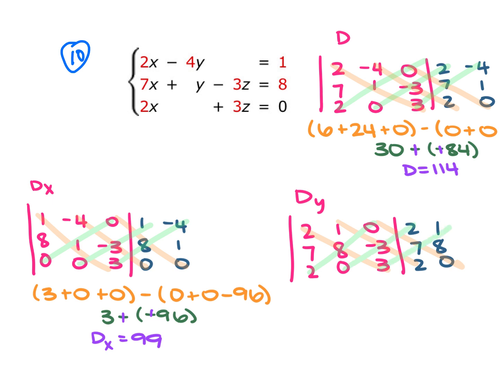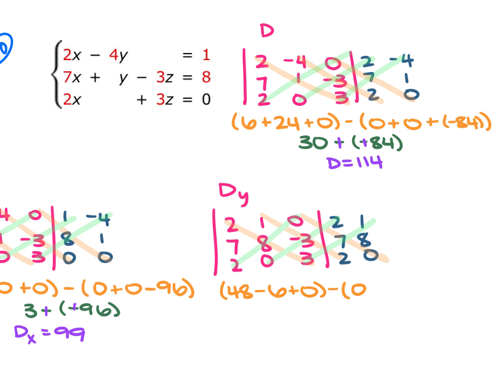So that means you have 2 times 8 times 3, which is 6 times 8, that's 48. 1 times negative 3 times 2 is negative 6. 0 times 7 times 0 is 0. Your 2 times 8 is 16 times 0 is 0. 0 times negative 3 times 2 is 0. 3 times 7 is 21 times 1 is 21. So this gives you 48 minus 6, which is 42, minus 21, which gives you a d sub y of 21.